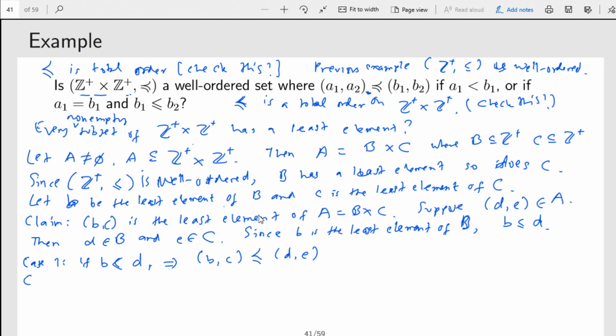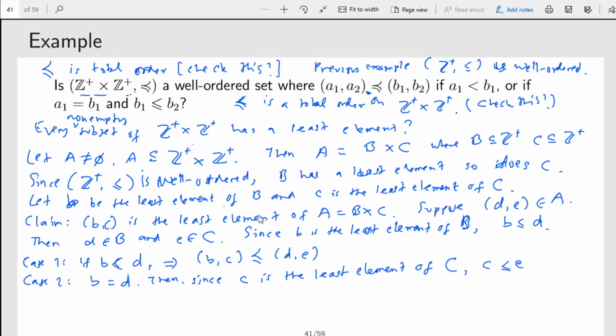Now case 2: b is equal to d. If b is equal to d, then since c is the least element of capital C, we have that c is less than or equal to e.